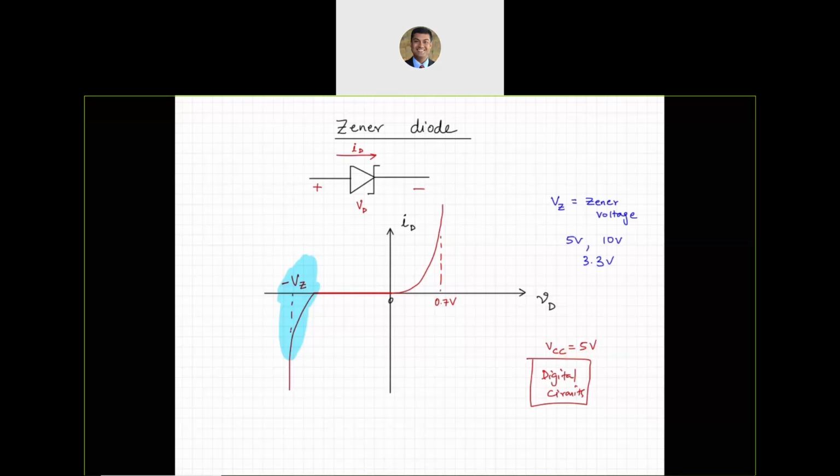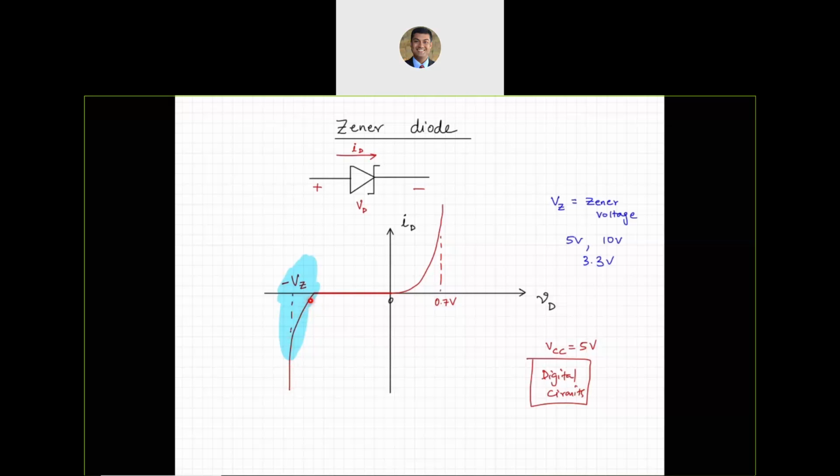So what do you do? You regulate that power supply. So how do you regulate a power supply? For a small voltage like this, for like 5 volts, you can use a Zener diode in the reverse breakdown region to do that voltage regulation. As you can see, even though there is a slight change in current, well, actually there's a drastic change in current. There's a small current there, there's a large current there.